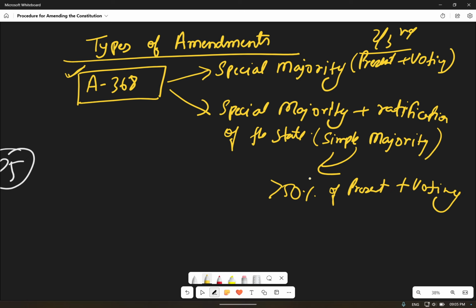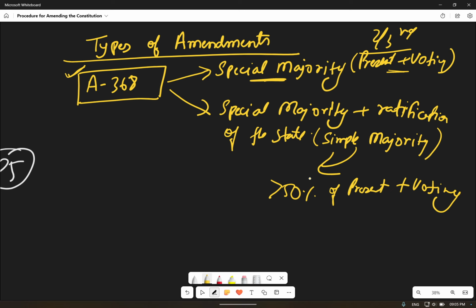Article 368 gives the power to the parliament to amend the constitution. One amendment will be only by a special majority, in which two-third present and voting strength will be required.